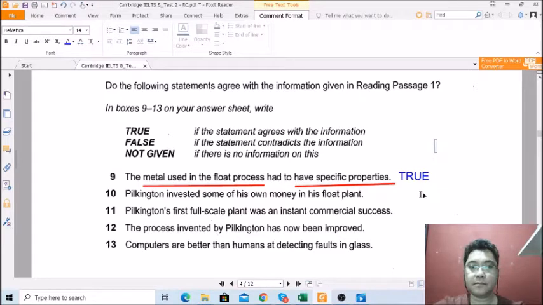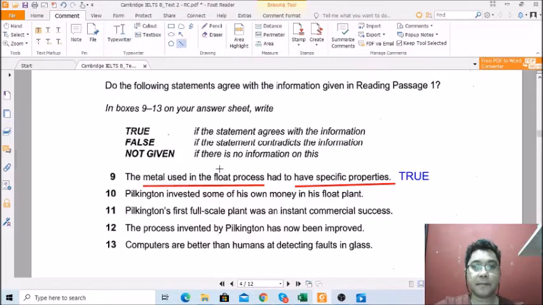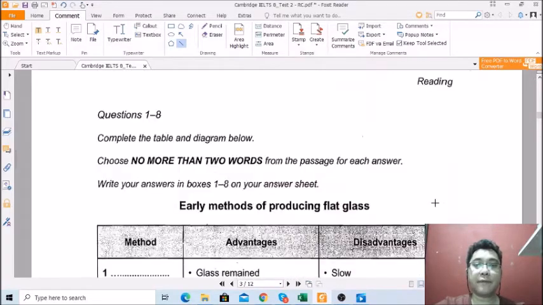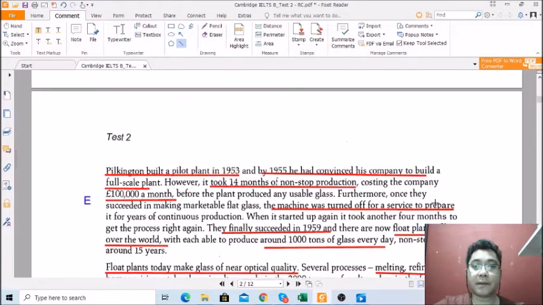And then take a look at the next one. Pilkington invested some of his own money in his float plan. Here, we refer to the paragraph that talks about the money, in which we find the information £100,000 a month.